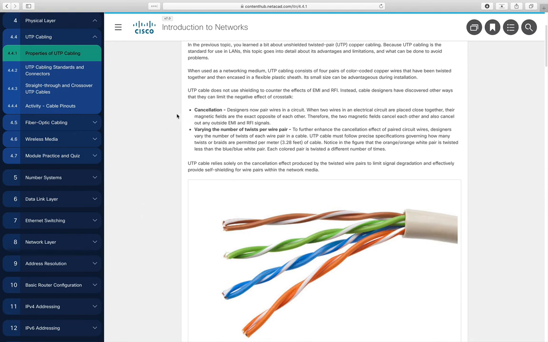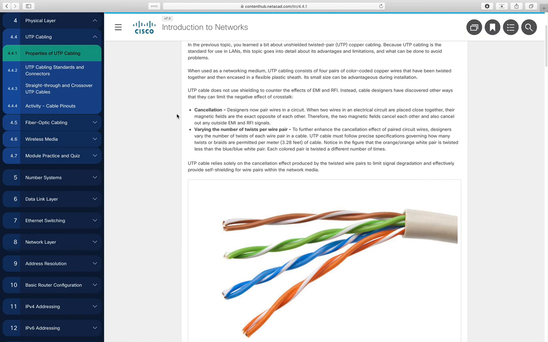I mentioned this before. A couple of things we need to talk about when we're talking about twisted pairs: cancellation. By twisting the pairs, we have a cancellation of electromagnetic interference, trying to take that to zero, or at least a very low amount. And then another thing in the standards, and we'll see more about the standards later, is the higher the standard, like as we move from Cat 3 to Cat 5 to 5e to 6, there has to be more twist per inch.